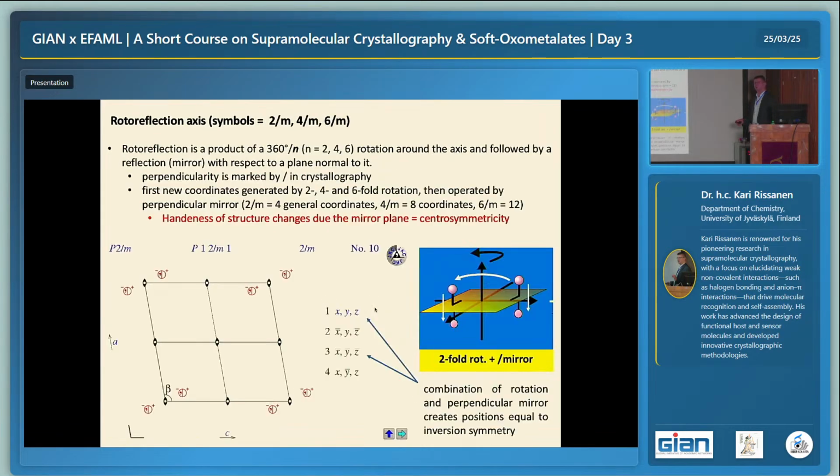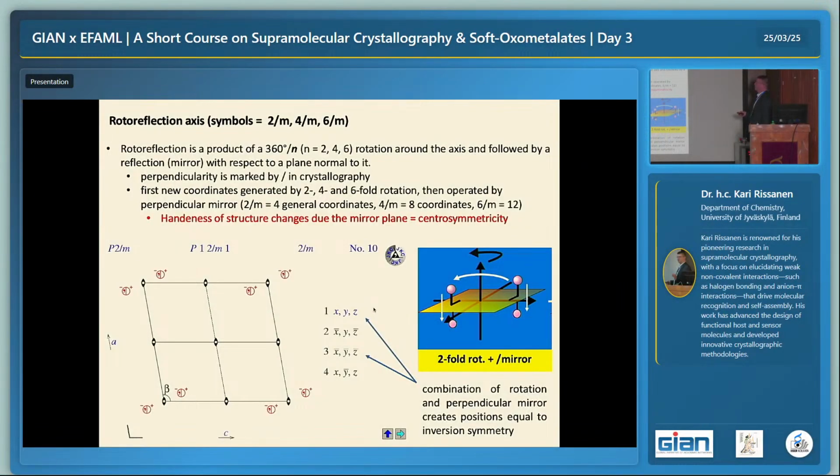Roto-reflection is in principle the same thing, but now the minus sign has been substituted by a mirror. But now the mirror, we have to define where the mirror is happening. Of course, we cannot just arbitrarily put the mirror plane in there. We have to define it. And we define it in a certain sense. The roto-reflection is marked like this.